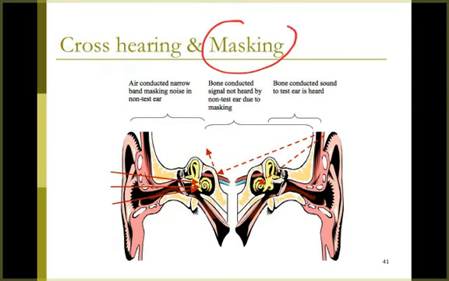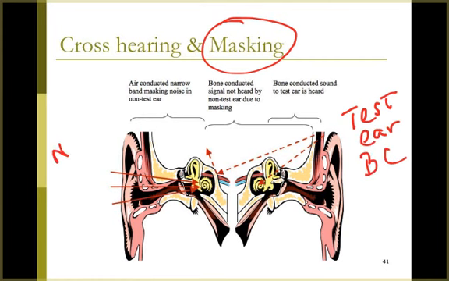procedure known as masking. Essentially, what we do in masking is, when you're testing, let's say, the left ear in this case, so if this is the test ear for BC, and this is the non-test ear, the other ear, the only way to get ear-specific results for bone conduction is to engage this non-test ear with some other stimulus.